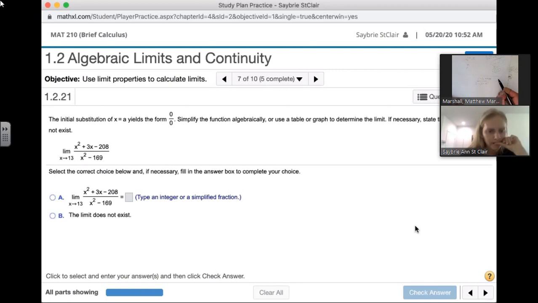But for -208, I'm going to do that little diamond method there.